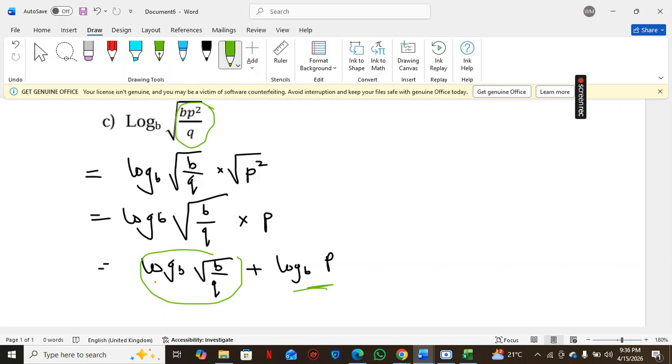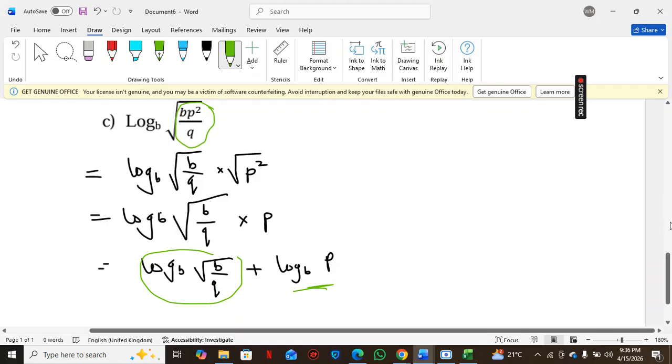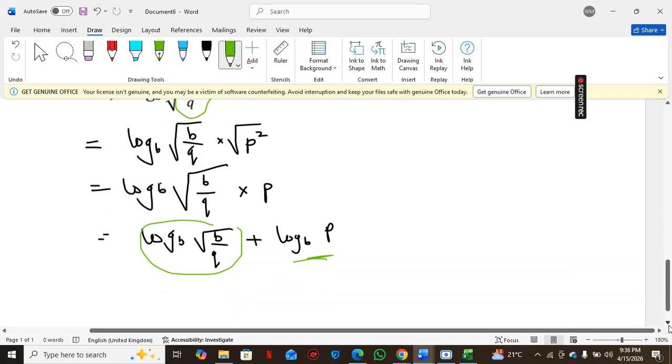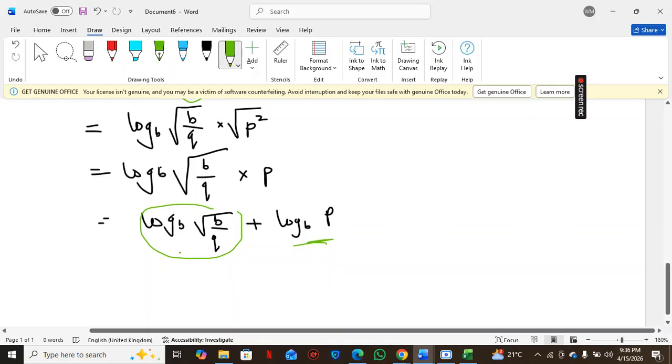But the log base b of the square root of b over q, we need to simplify further.